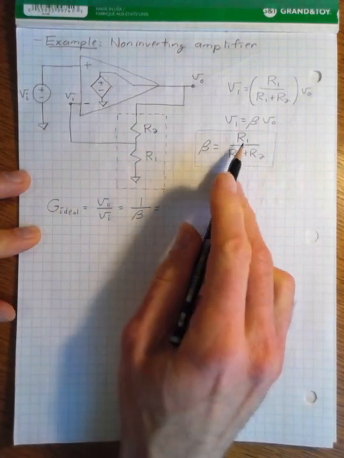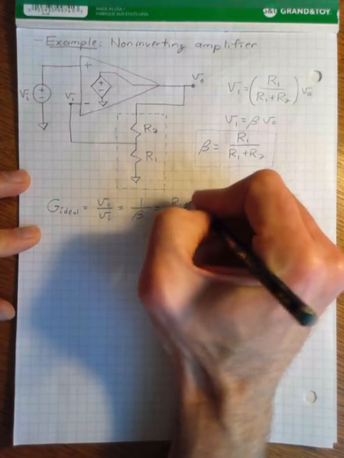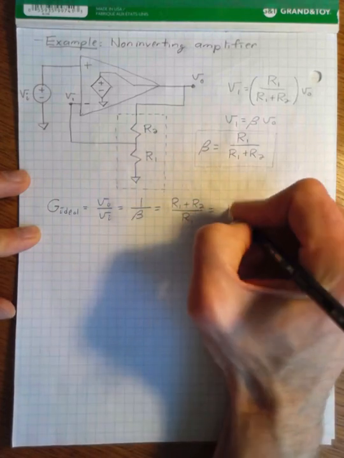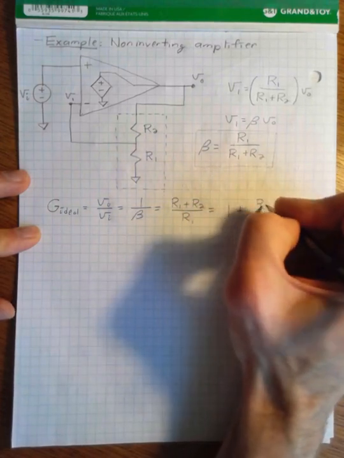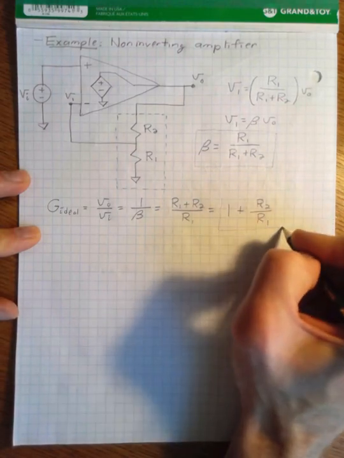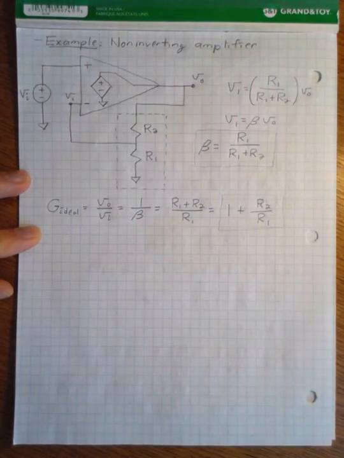Beta is equal to R1 over R1 plus R2, so the gain is R2 over R1 plus 1. So we can write it like that. Exactly the same as our ideal Circuits 1 type analysis of this amplifier at the start of this module.